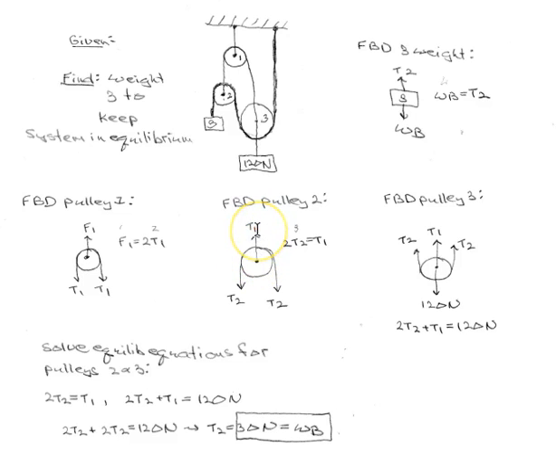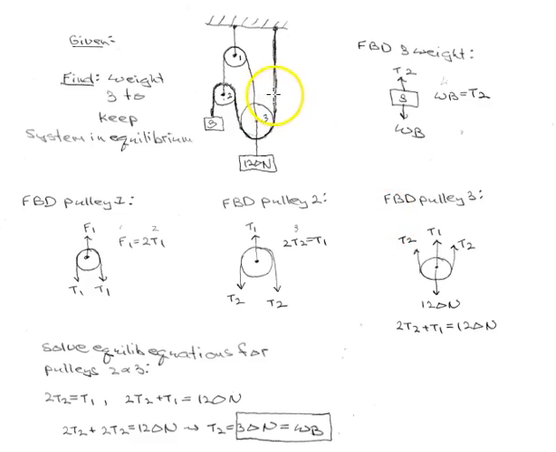Pulley 2 is being held up with T1 because it's attached up to pulley number 1, and it has a downward force equal to T2. So okay, now I have a relationship between T1 and T2. Be nice if I knew what T1 was, because then I would know T2 and then I would know weight B.